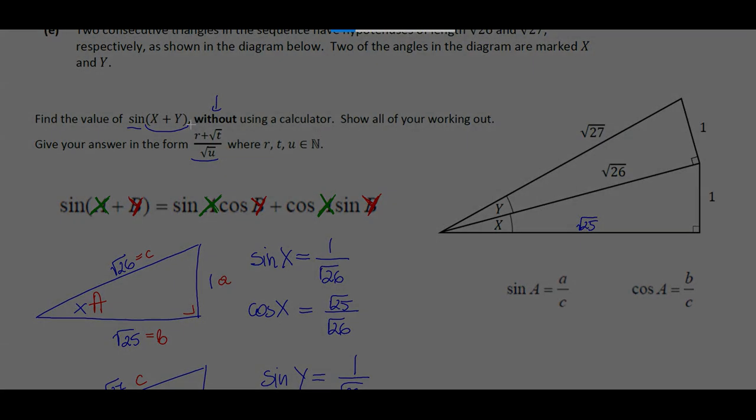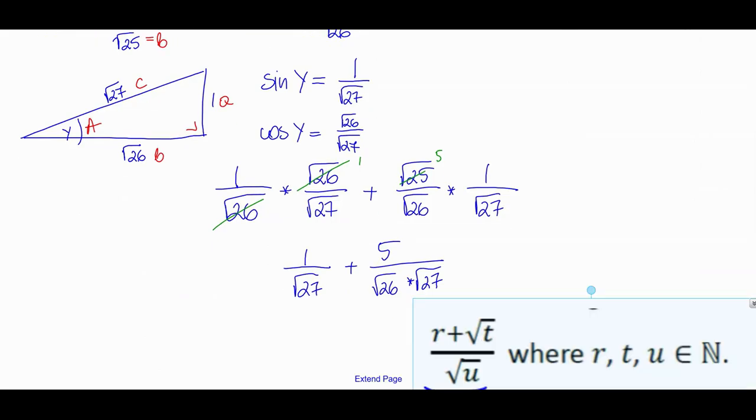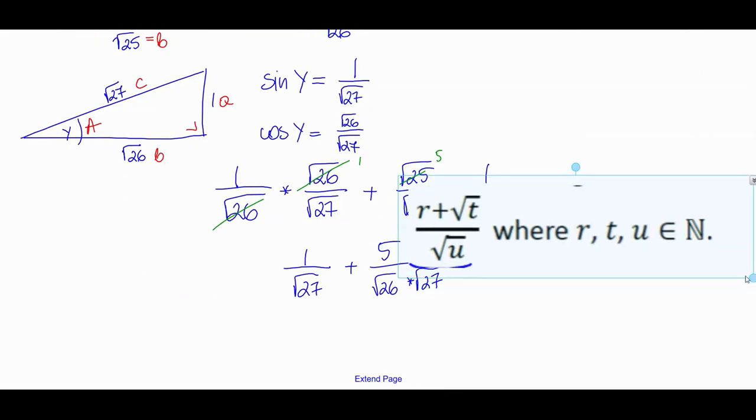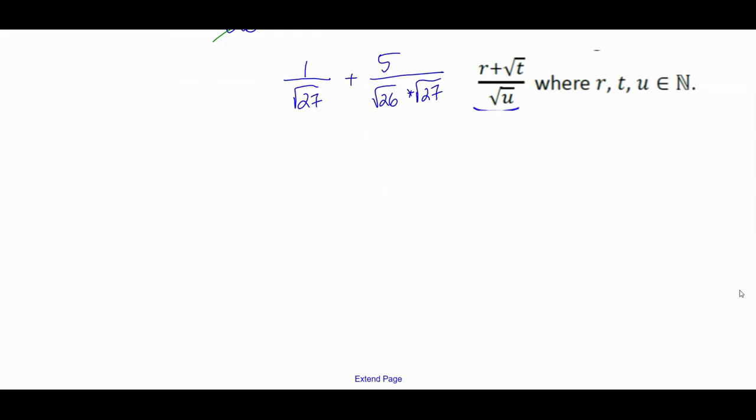Actually, let's get that bigger so that we know where we are going. First of all, we can see that they are on one fraction line. So how can I put two of them on the same fraction line when I have a plus in the middle? Well, I need the same denominator. I have square root of 27 here.